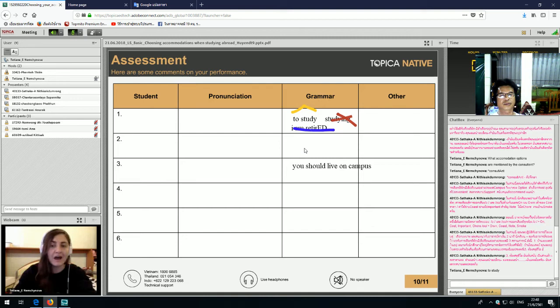So again, after the modal verb should, you will use infinitive. You should live, you should stay, you should like, you should love. Always infinitive. And for you, Elo, I have the same correction as well. You should stay, but not you should stay in.